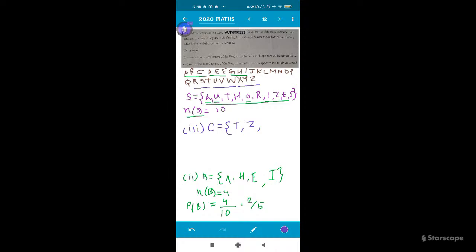We also have S. We have U, T. Okay, R. So these are the letters which are present in the last 9 letters of our English alphabet and which are also present in our sample space. So N of C is 5. So the probability of getting C is 5 by 10. The required one divided by the total one, we are going to get half.